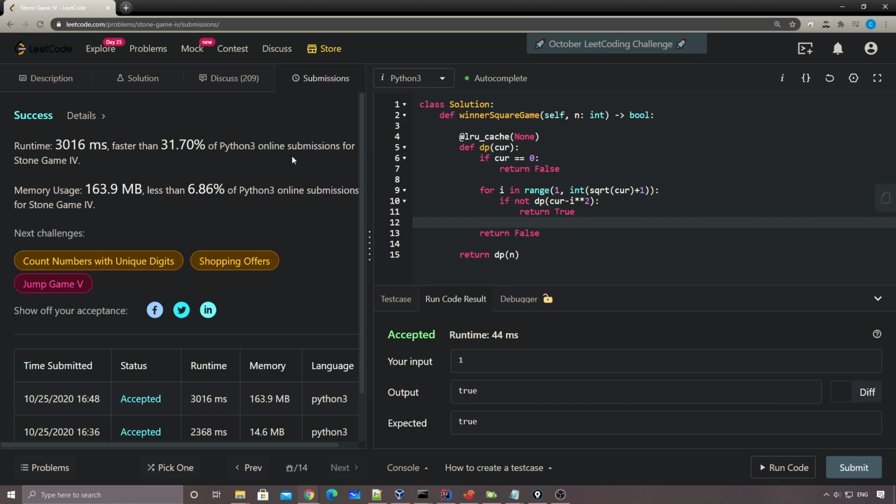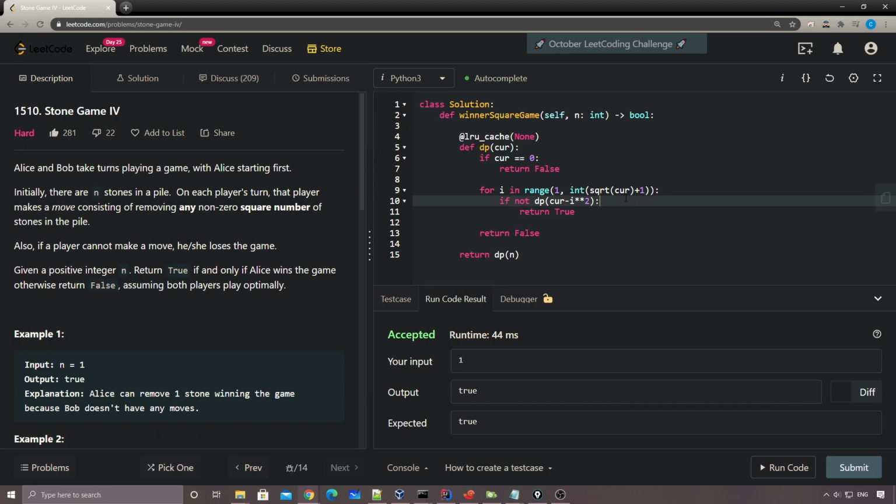Yeah, cool. So it's accepted, right? About time and space complexity: in total we will have O of n calls here, and for each of the O of n calls we'll do it like this, right?